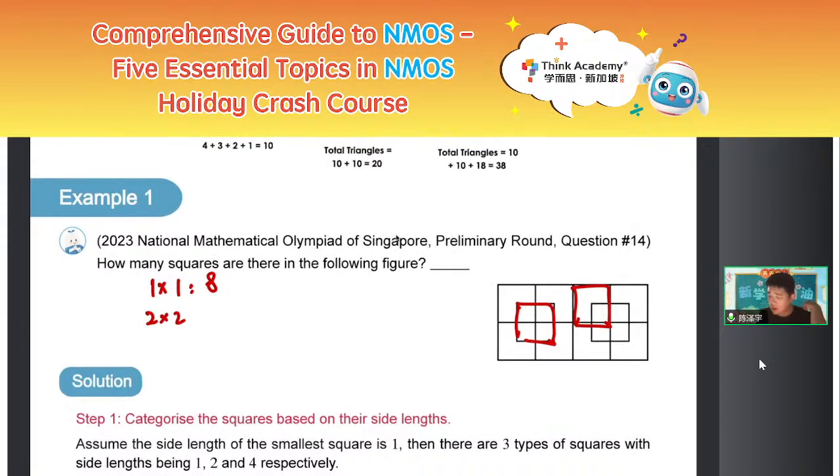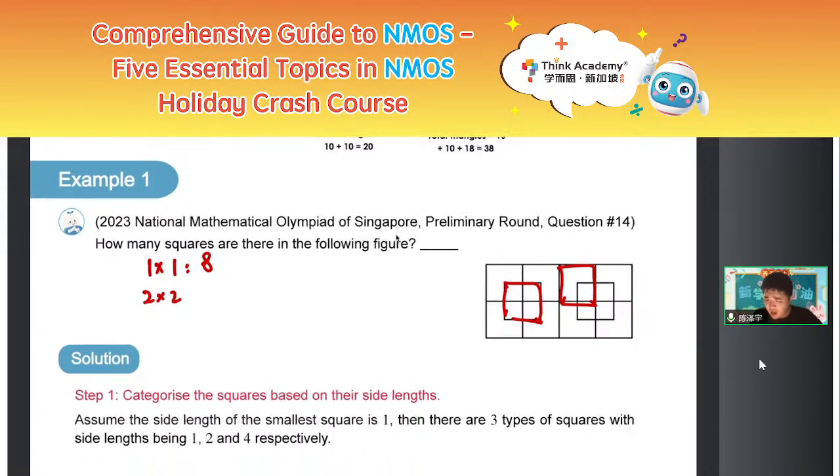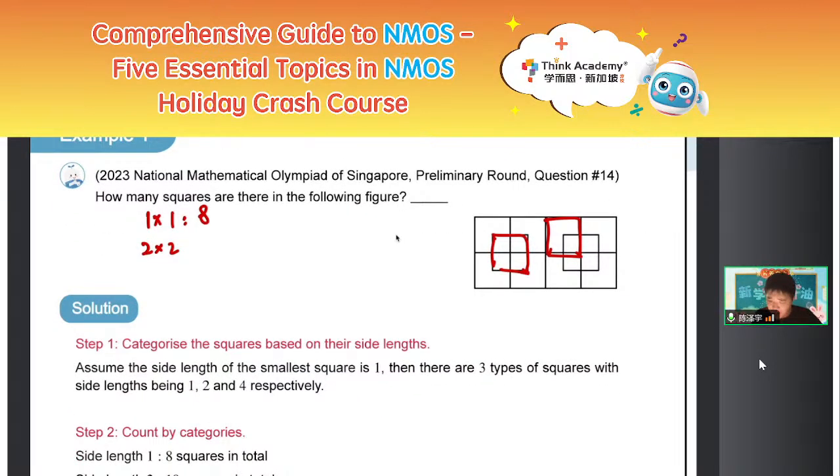So there are more than 8 of them. Actually, if you count carefully, there are 10 squares in total. So this one here, and 5 in the middle, and the same for the other side. So there are 10.